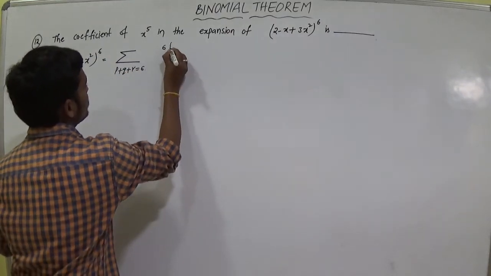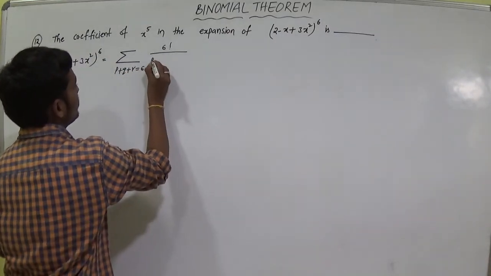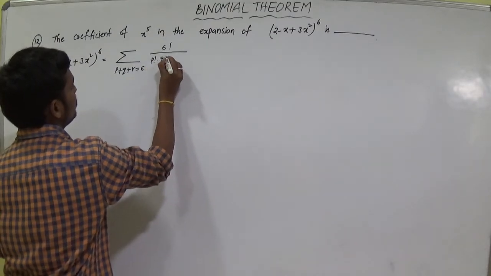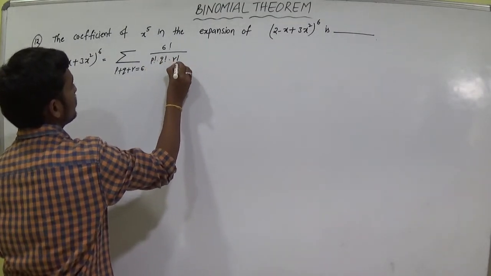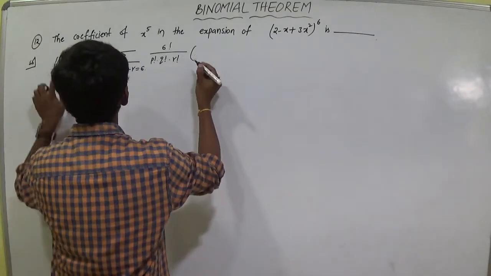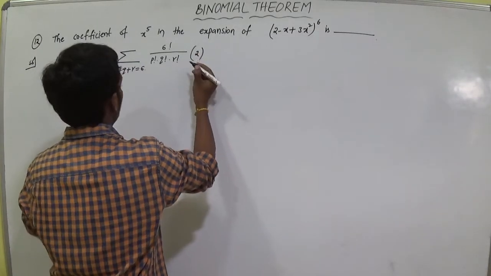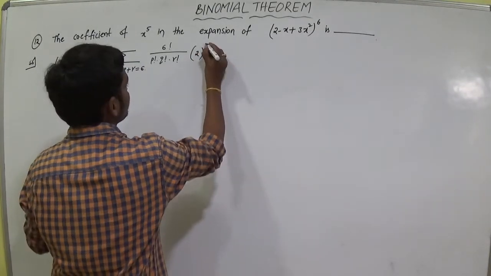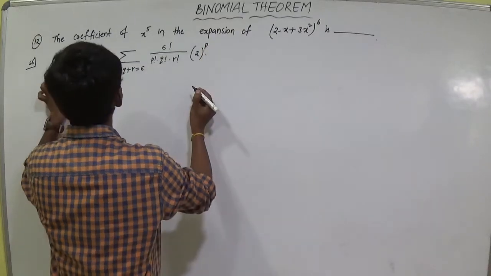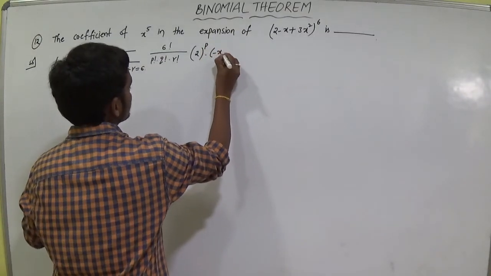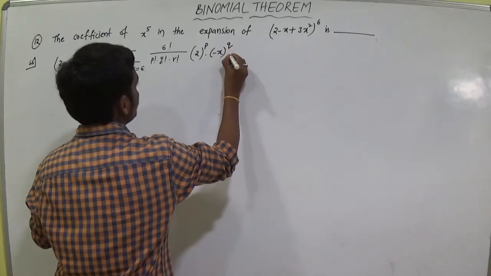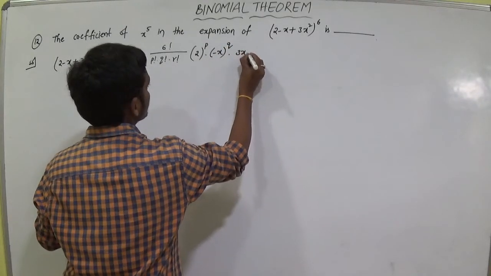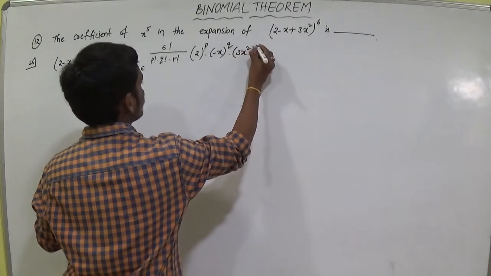So we are writing 6 factorial by p factorial into q factorial into r factorial into 2 power p, into (minus x) whole to the power of q, into (3x square) whole to the power of r.